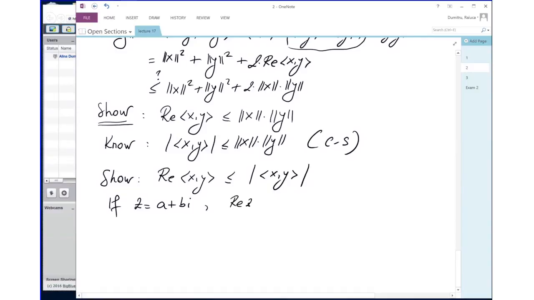The real part of z is a, right? What is this? The magnitude of z. Square it.